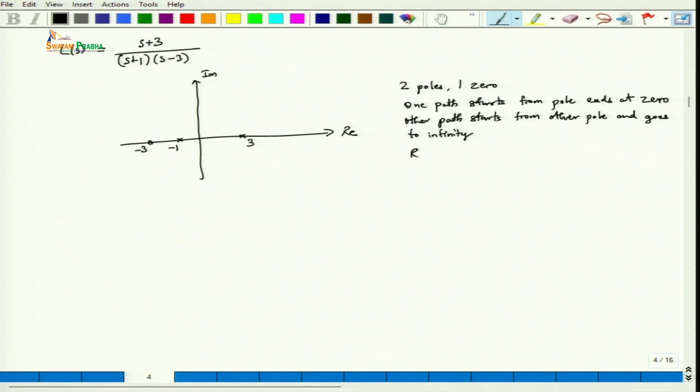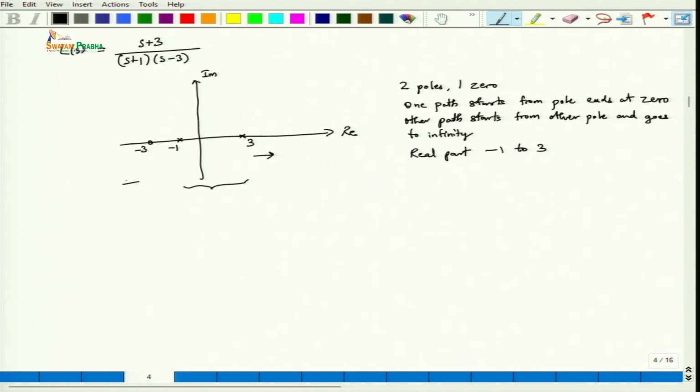Now, coming to the real part, we can see that beyond this part there is nothing on the root loci. Between -1 and 3 we will have part of the root loci. Between -3 and -1 there are an even number of poles, so that is not part of the root loci.